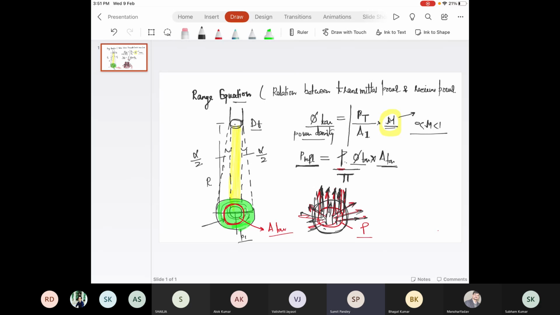Will it be the same or will there be any difference? Generally we consider that the target area should be within the laser footprint. But when we simplify this equation, we generally consider them equal. Yes, sir. Okay.